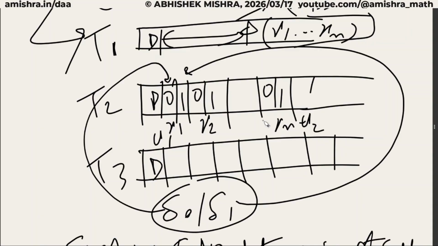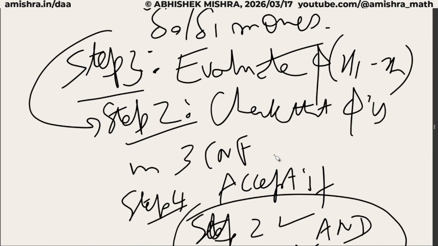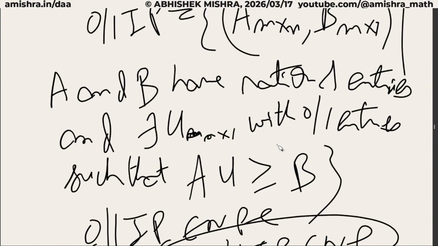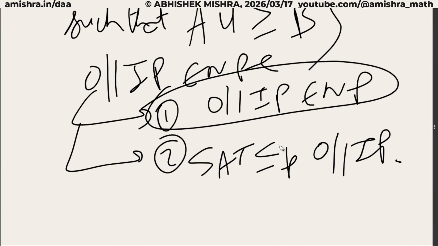All this can be done in polynomial time, and if all inequalities are satisfied, only then the machine will accept, otherwise reject. So for a yes instance, the machine can guess an assignment and accept. For a no instance, there is no assignment that can make it accept. So this proves that 0-1 integer program is in NP.